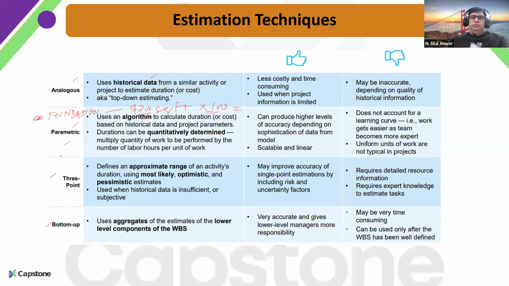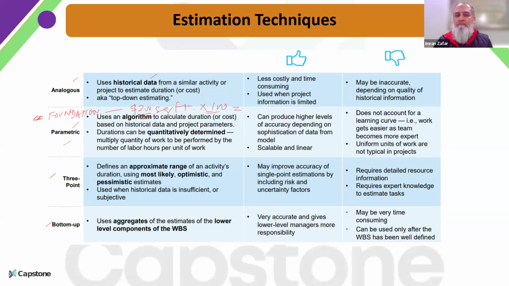Imran, in the parametric one, you mentioned data like 200 square feet. Is it an assumption that we took for the parametric estimation? It could be an assumption.